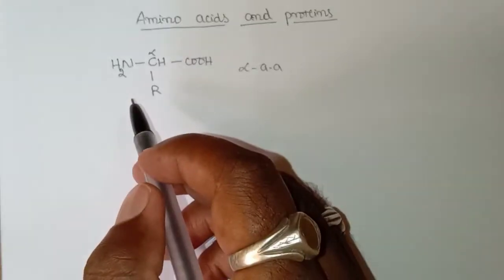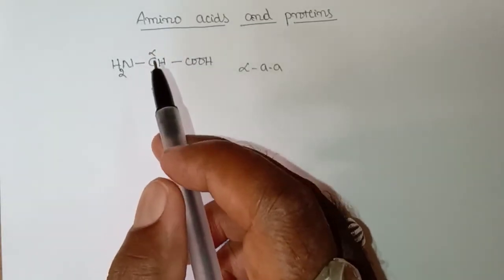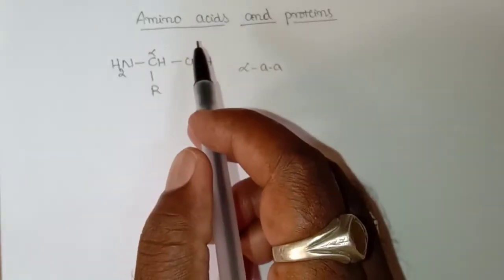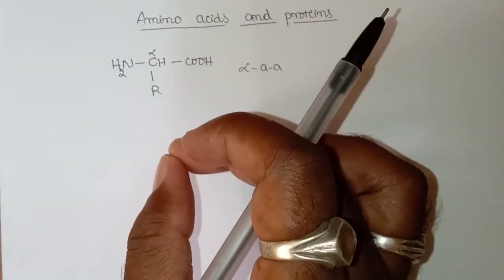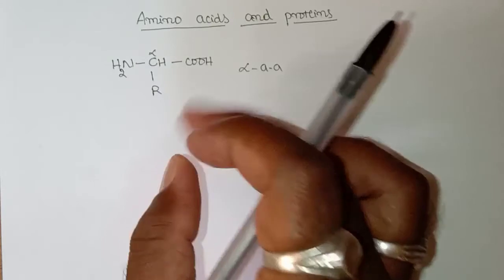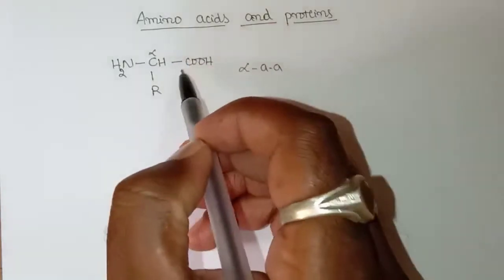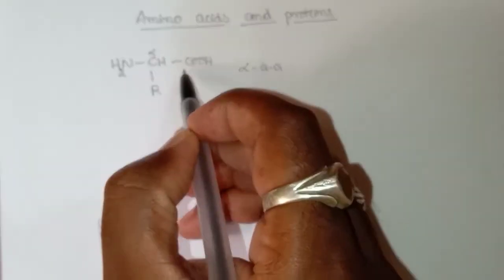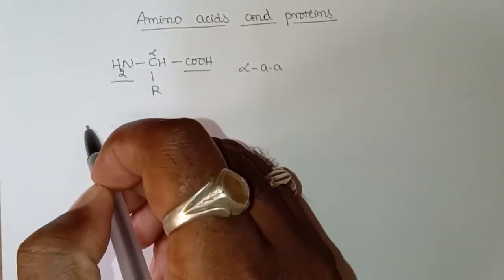And if you come to the chemical reactions or chemical properties of the amino acids, the chemical reactivity of the amino acids is due to the functional groups present in the amino acid, that is the carboxylic group and the amine group.